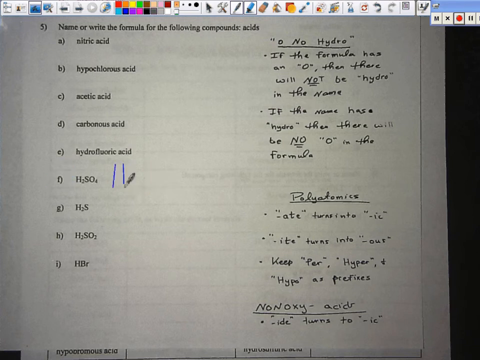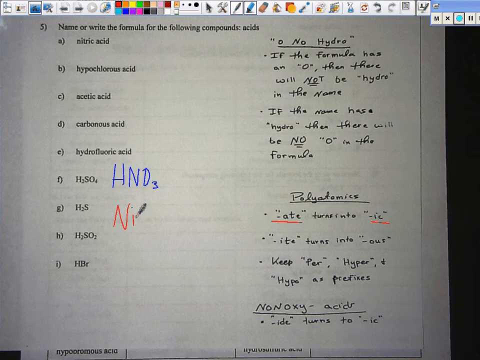What polyatomic is that? That's nitrate. So what does ate turn into? Nitric acid.